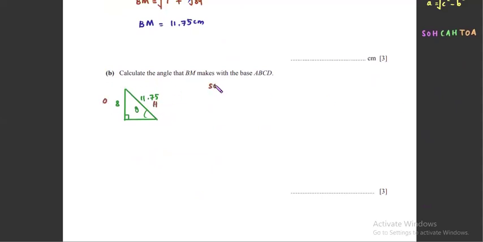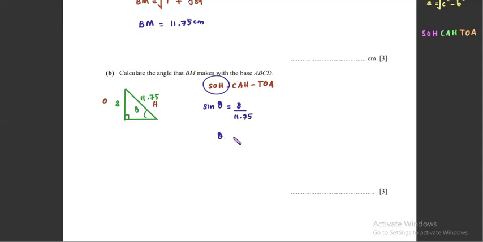So when we consider SOHCAHTOA, we are going to see which trigonometric ratio to use to calculate the value of the angle. It should be something to do with the opposite and the hypotenuse. So in this case, we will go with sine. Sine theta will be equal to the opposite side, which is 8, over the hypotenuse, which is 11.75.